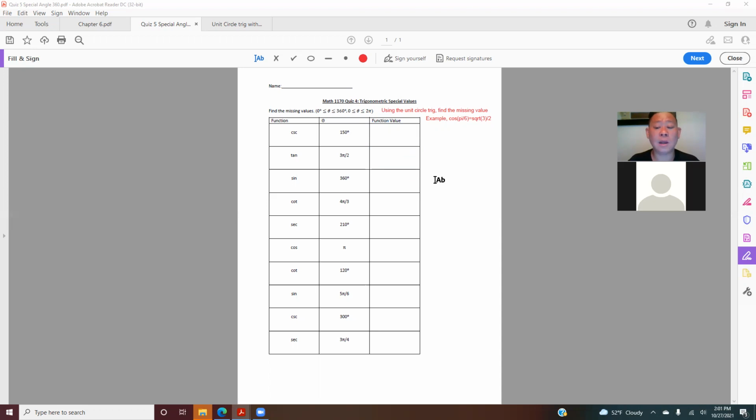If you have a printer next to you, download it and save it to your computer. Otherwise, I would recommend that if you can see it from here, try to do this quiz. I'll give you 10-15 minutes to do it. If you didn't finish it, I recommend you go home and finish it yourself.